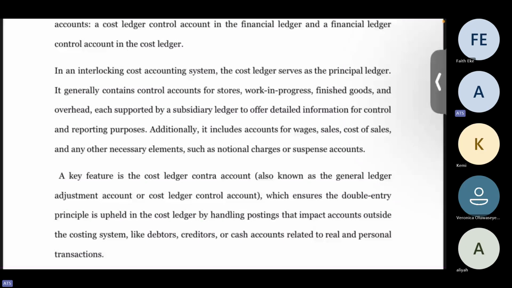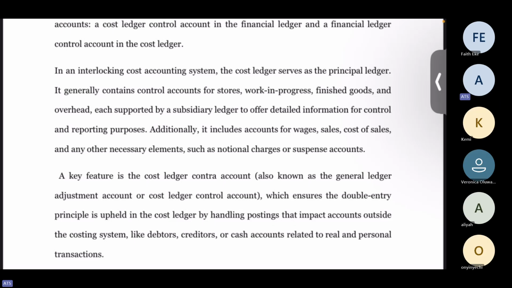So in the interlocking cost system, the cost ledger serves as the principal ledger. It generally contains control accounts for stores, work in progress, finished goods, overhead, and is supported by a subsidiary ledger. Basically, stores just means inventories, then work in progress, finished goods, overhead.